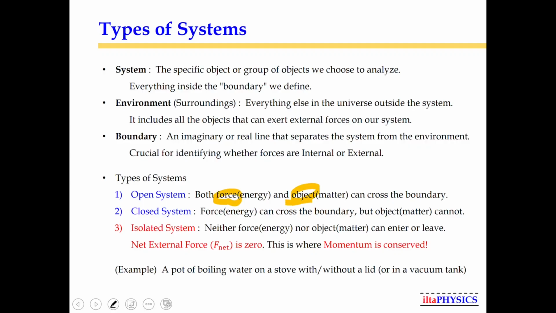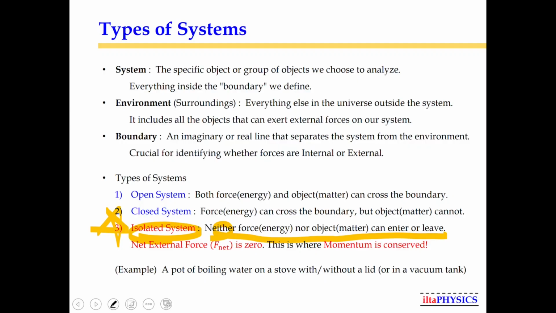An open system is one where force or energy, and even object or matter can move freely between the system and the environment. On the other hand, in a closed system, energy can move back and forth, but actual matter cannot leave or enter. Finally, an isolated system refers to a completely disconnected system where neither force, energy, nor matter can move between the system and the environment.